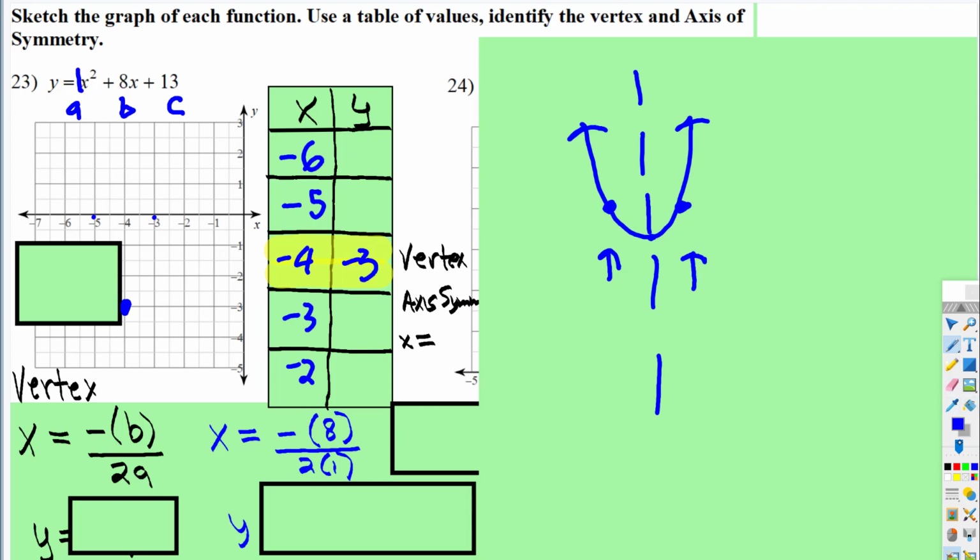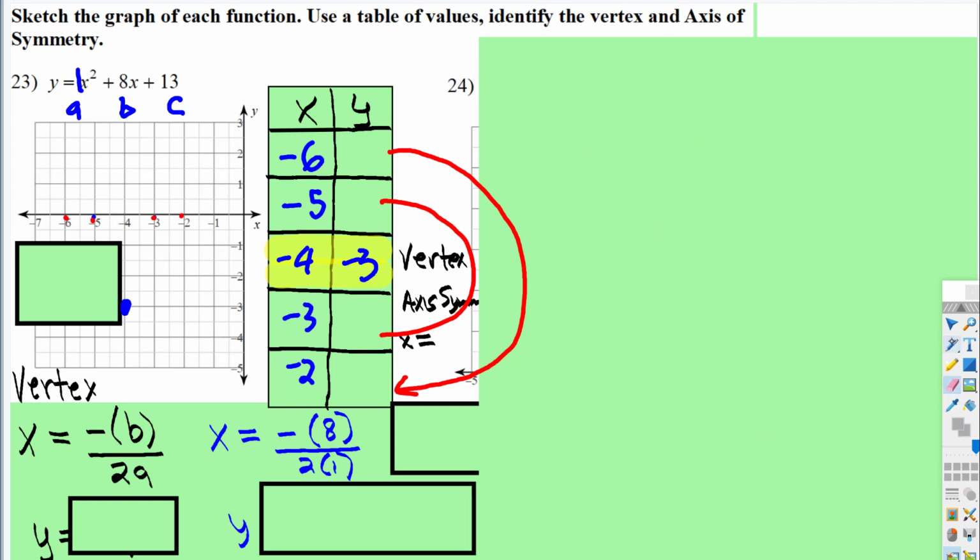Because that might sound a little confusing: negative 6 is 2 away from negative 4, 1, 2, and negative 2 is 2 away from negative 4. So those two heights should be the same, and then negative 5 and negative 3 should have the same height values.